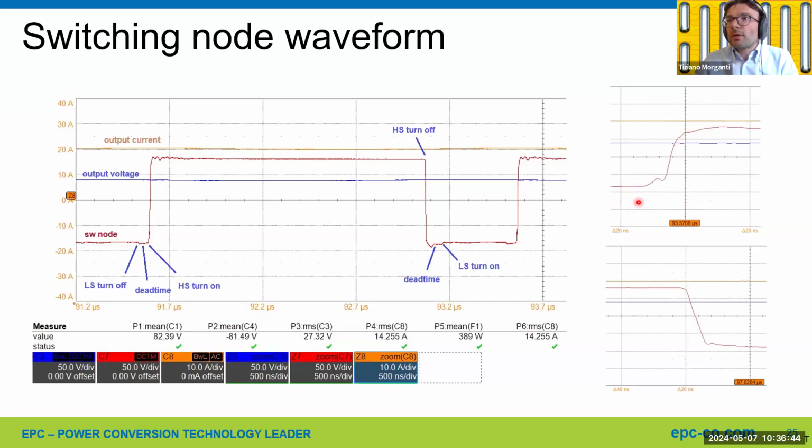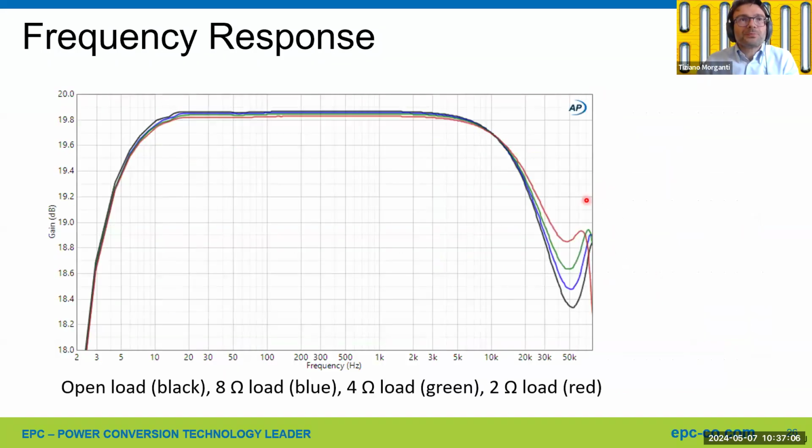This is 20 nanoseconds per division. We can see some effect of the recovery here in the Schottky diode. This is a topic for a next investigation we have to do. But the waveforms are very clean.